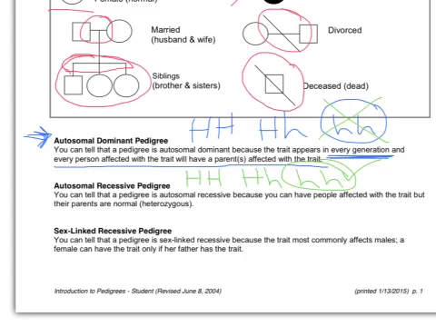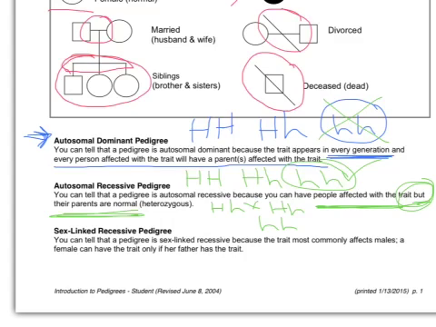So if it's an autosomal recessive pedigree, you can have people that are affected with the trait. However, their parents are not affected. You could have two heterozygous parents, which gives the possibility of having someone who is affected with the trait. So you can have people that are unshaded, they're normal, but they have offspring that are shaded, that have the trait.